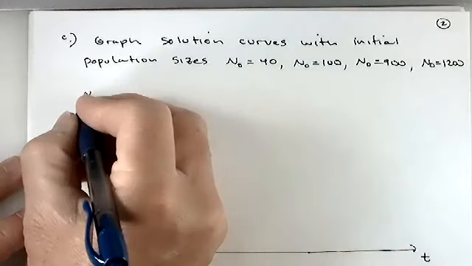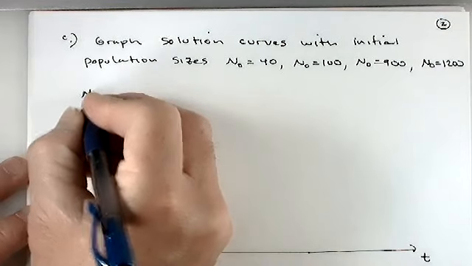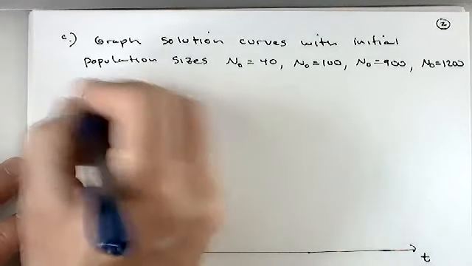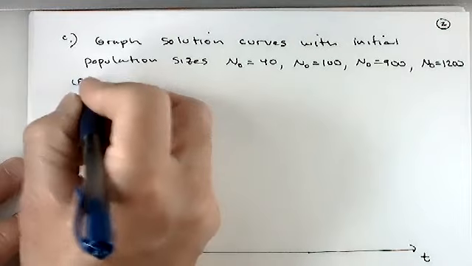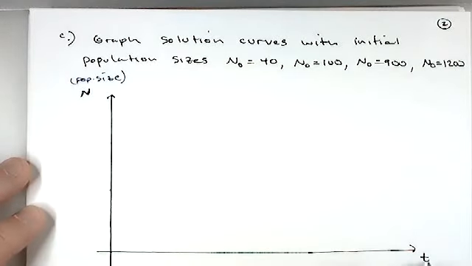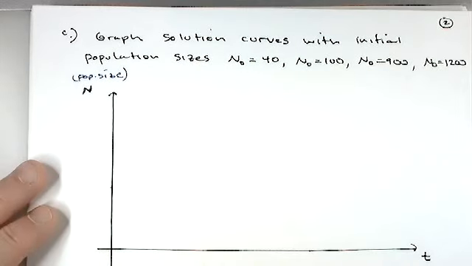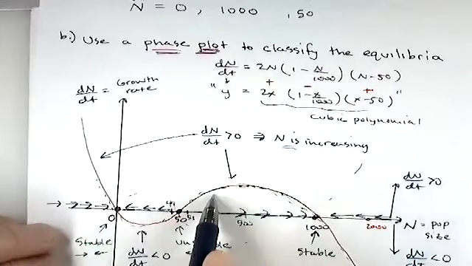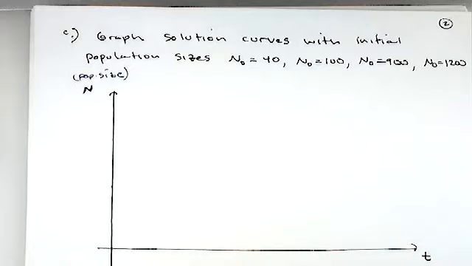So what I'm going to do here, this isn't the same graph. Now I'm graphing n, the population size, as a function of time. According to this model, you should be able to take this graph and translate it to what I'm going to do here. So here's how you do this.